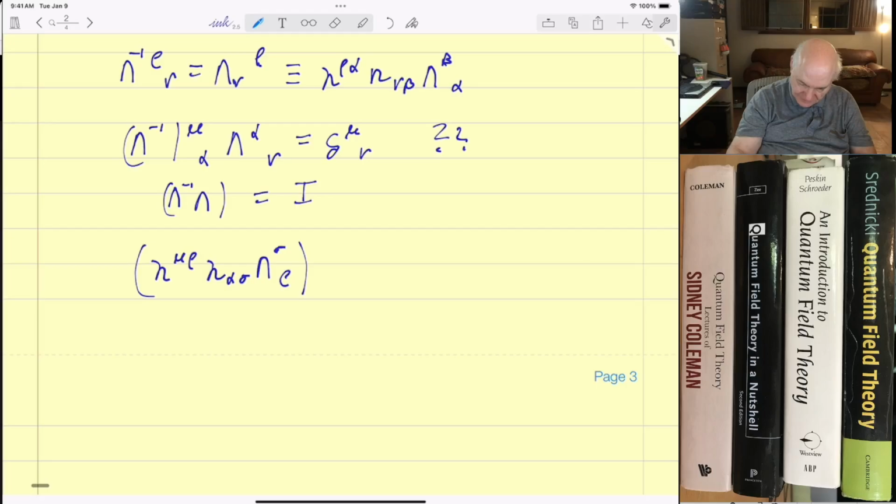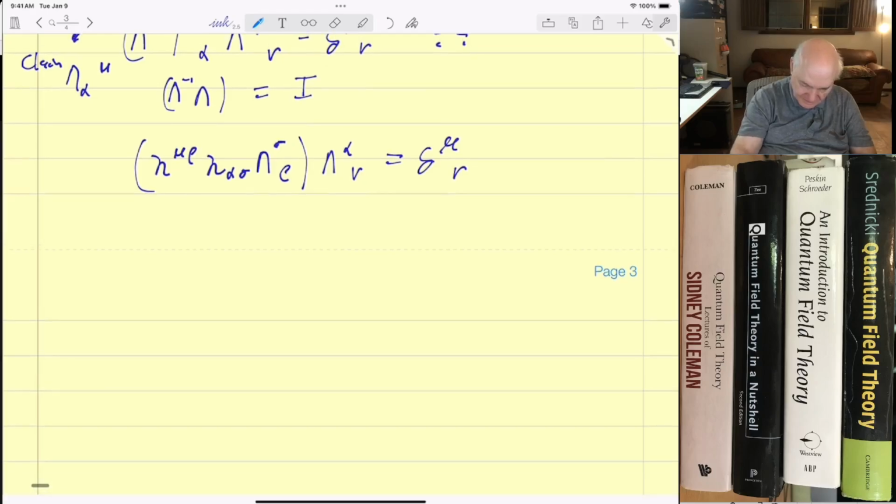So that's eta alpha mu. So that's correct. This over here, we claim this is also equal to, by our definition here, lambda alpha mu. So we have this times lambda alpha nu has to be equal to del mu nu.